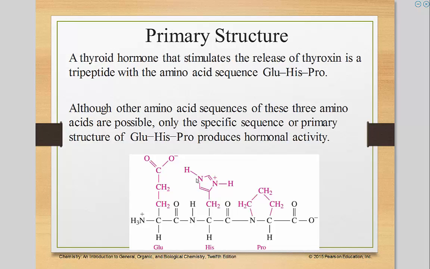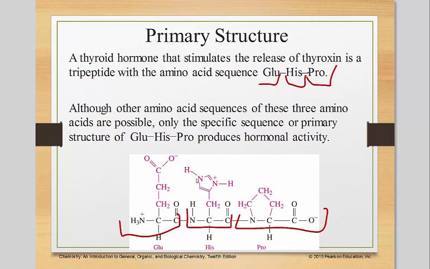A hormone that stimulates the release of thyroxine is a tripeptide with the amino acid sequence of GLU, HIS, PRO. Although other amino acid sequences may have these 3 amino acids in different combinations, it's only when they're structured in this specific combination that will actually trigger the hormone.